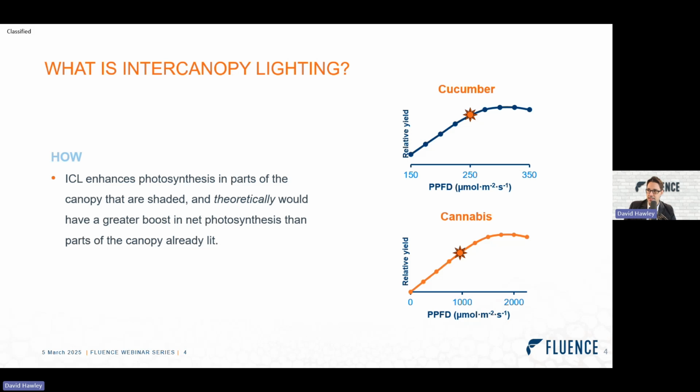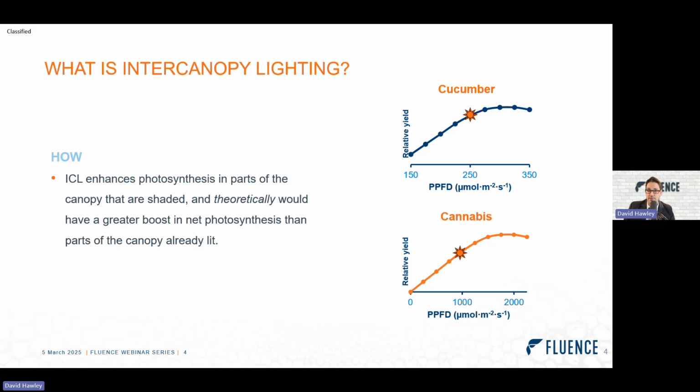What I'm illustrating is that around 250 micromoles per meter squared per second, the relative yield that we're getting out of that crop is pretty close to the point of diminishing returns. In other words, even if you went up to 350 micromoles, the part of the canopy that's seeing that much light is basically saturated and you're not getting anything back for the additional light that you add.